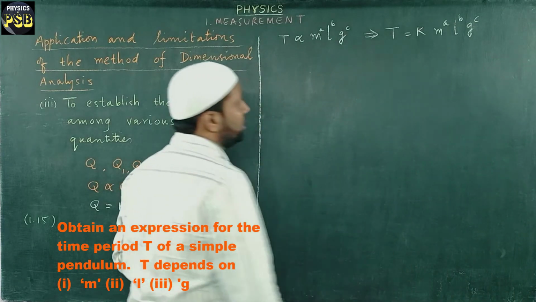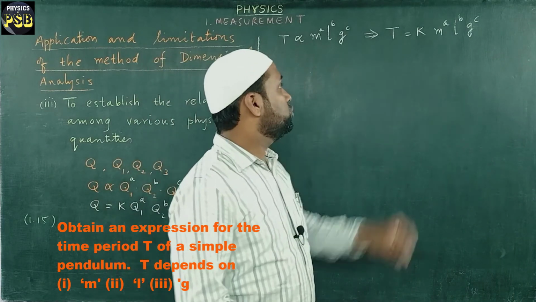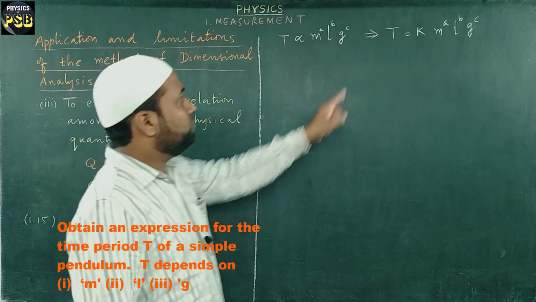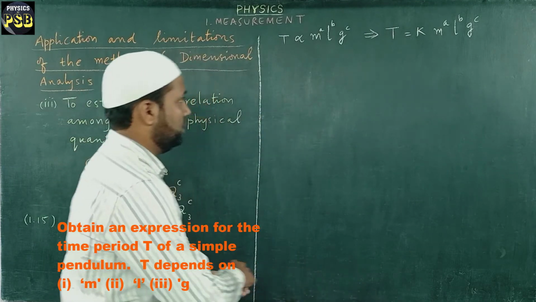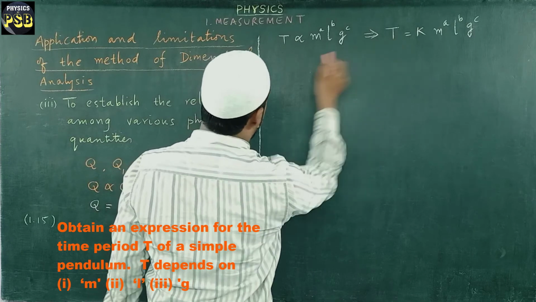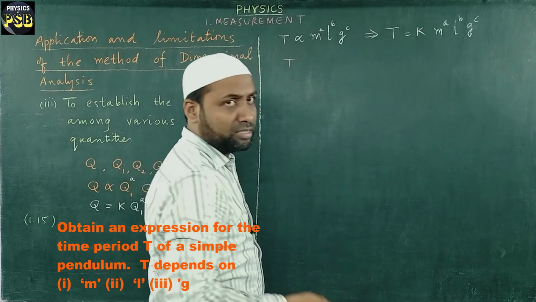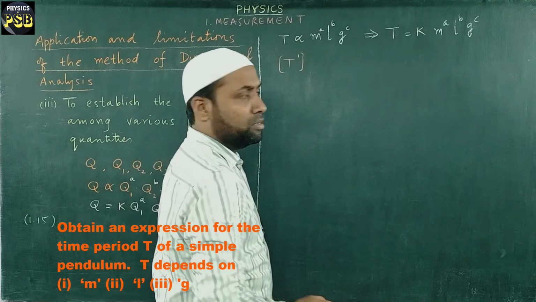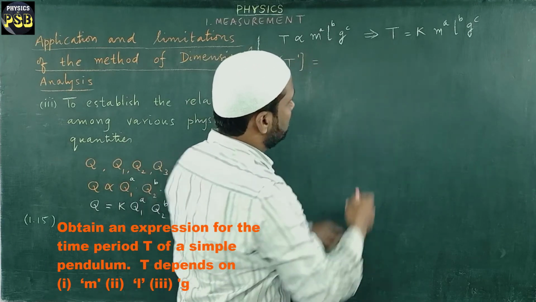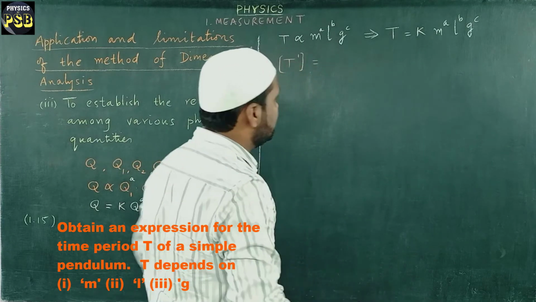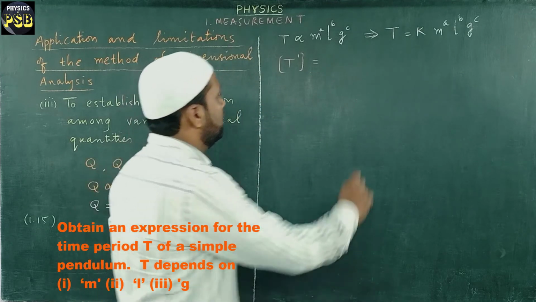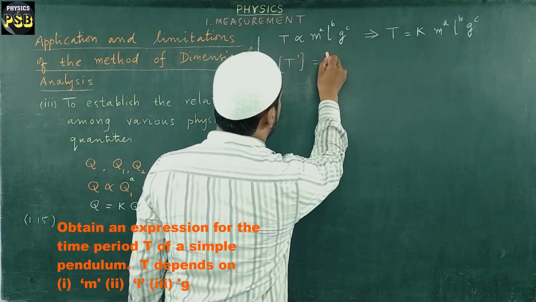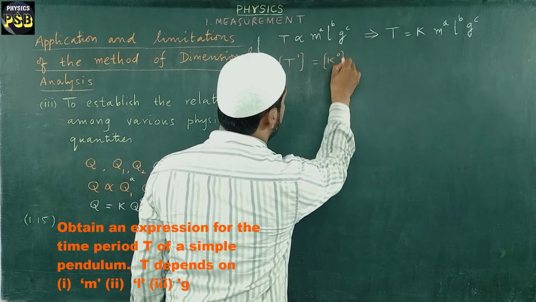So for that, I am going to mention the dimension of these terms. The dimension of time is capital T, the time period. Power is 1. K is a dimensionless constant, so the power is 0.